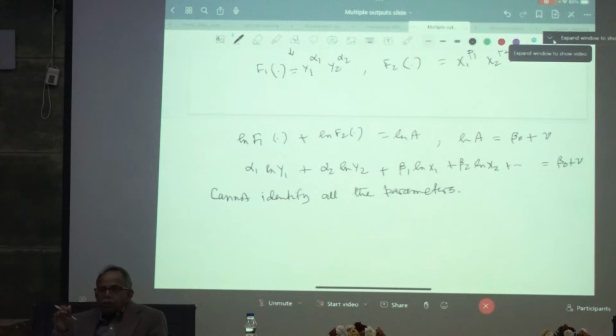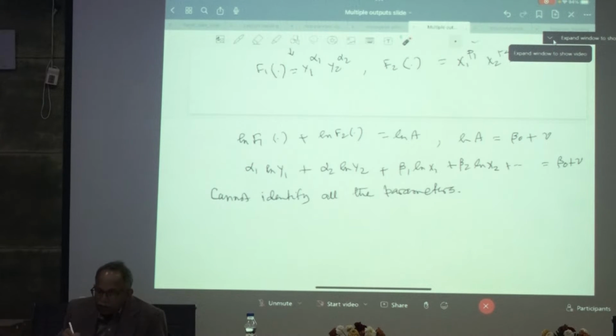Remember when we were talking about the single output production function, we were writing y1 on the left hand side and the x's were on the right hand side. So what was the coefficient on y1? There was no coefficient, right? So we were assuming that the coefficient of y1, or you can just say alpha 1, is equal to 1.